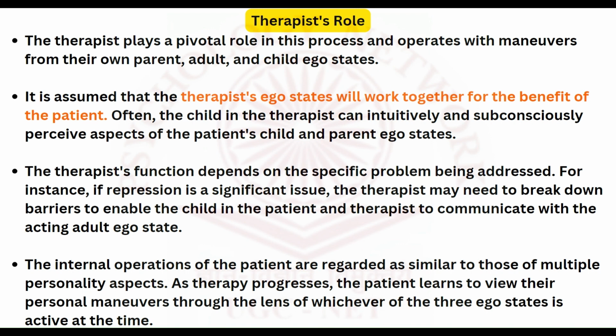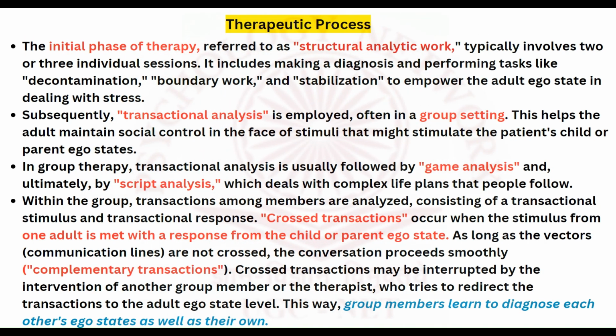And then we go to the second half of the therapeutic work, which is the transactional analysis. Like you can see here, the structural analysis work is the first half, and this would include majorly 2 to 3 individual sessions, just between the therapist and the client. Then comes the transactional analysis, which happens in a group setting.